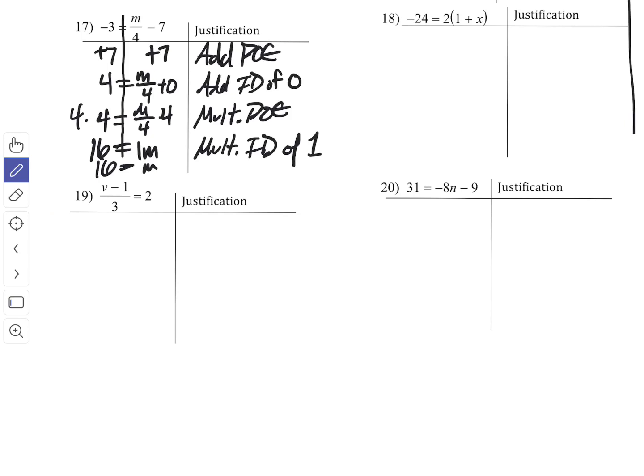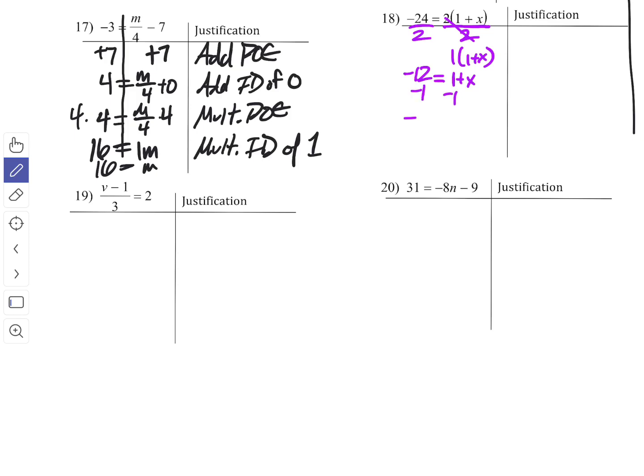Okay. Now, taking a look at number 18, okay. Now, we can do it two different ways. One of the ways, right, was dividing by 2 first, because 2 is multiplying by the whole thing. That becomes 1 times 1 plus x, which we drop the 1, giving us negative 24 divided by 2 is negative 12.